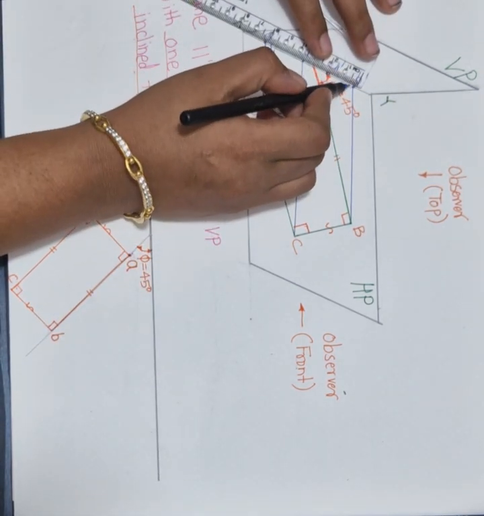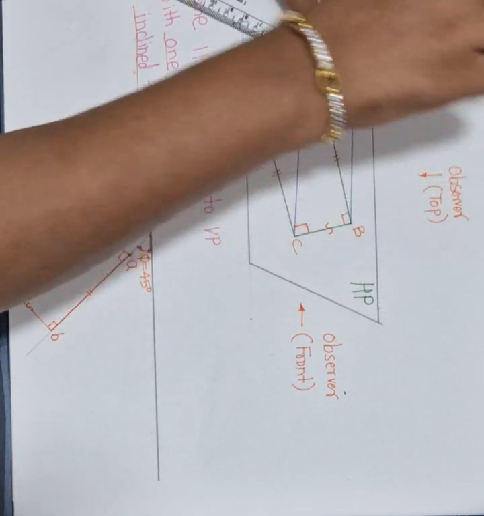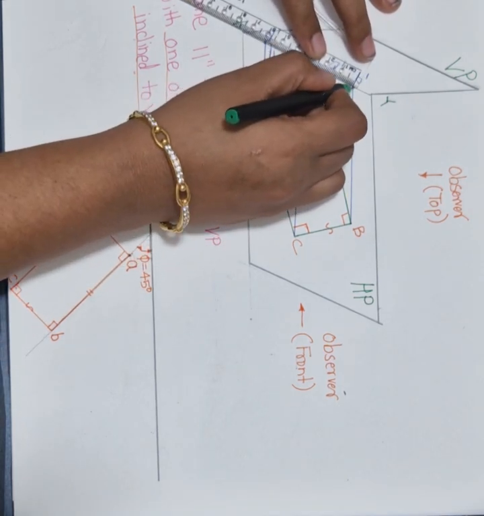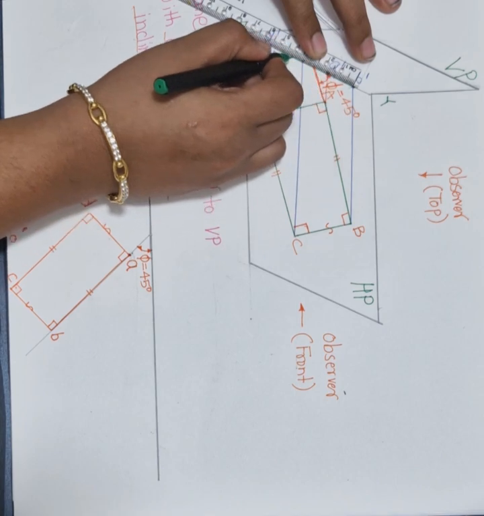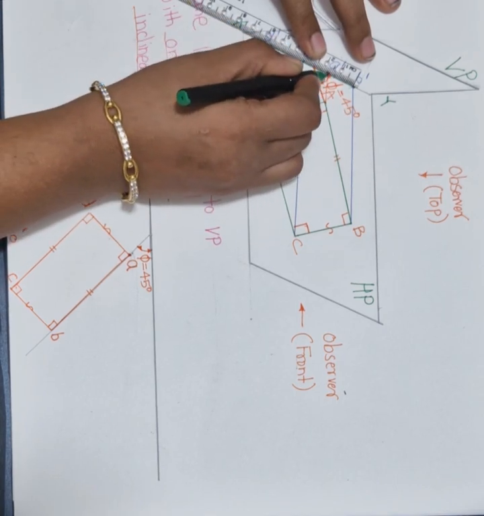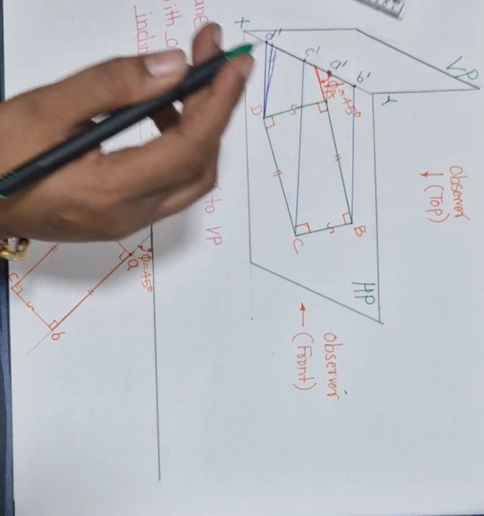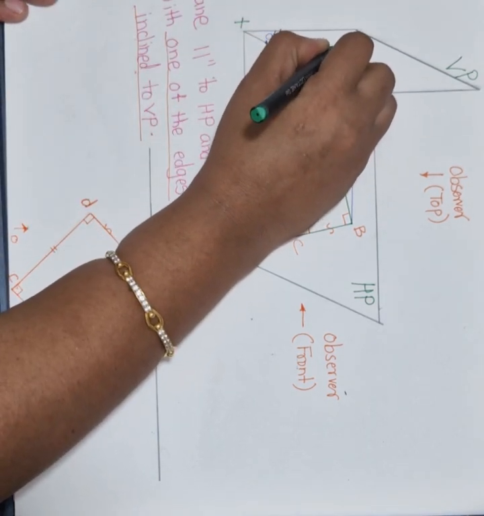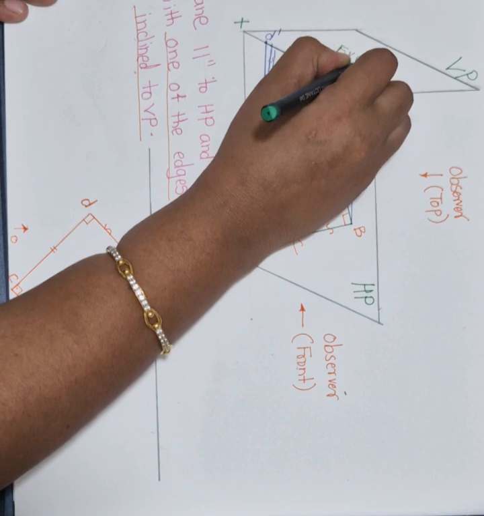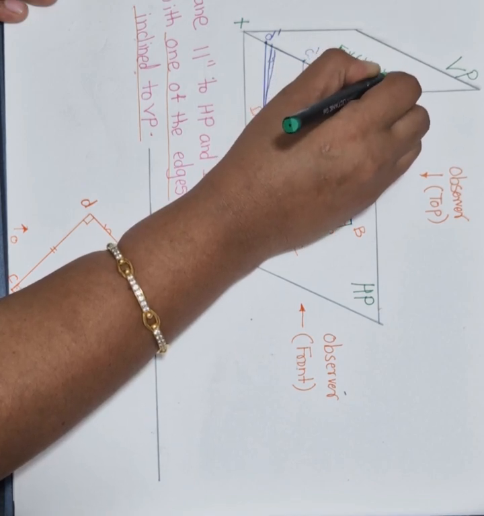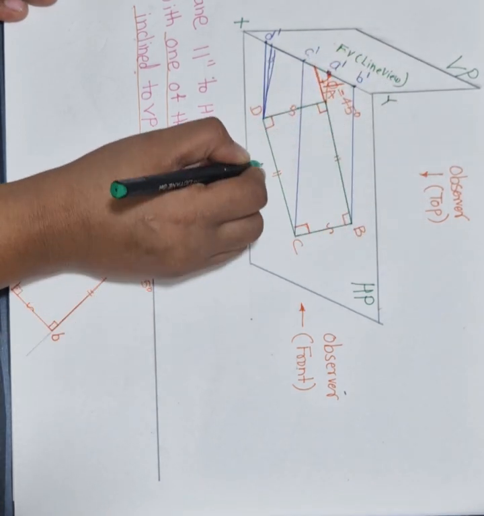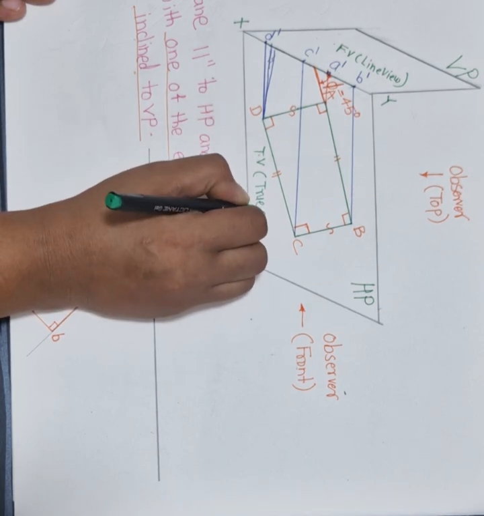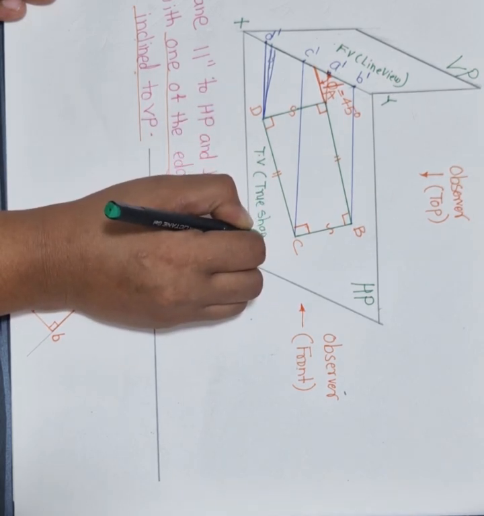So the front view of the plane with an inclined edge and resting on the HP is a line view. So this is the front view, which is the line view. This is the top view, which is the true shape.